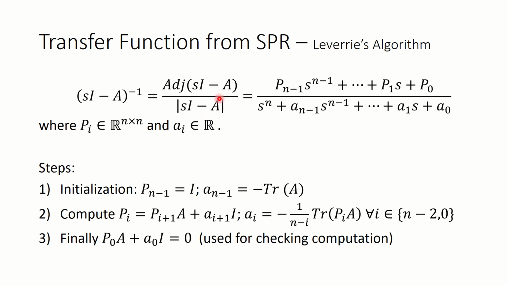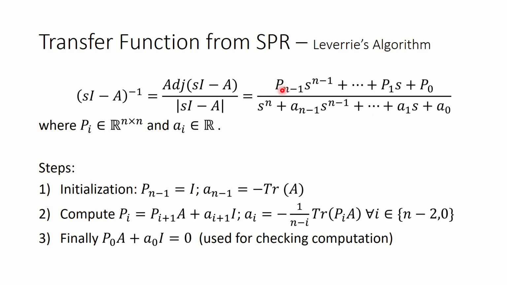How to understand this? So we expand this expression. So what is this expression? This is basically the determinant of (sI minus A), the characteristic polynomial, which is like this. So it is simply an nth order polynomial. And what is the term in the numerator?